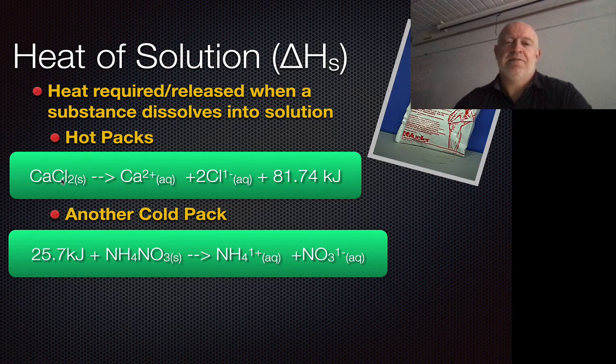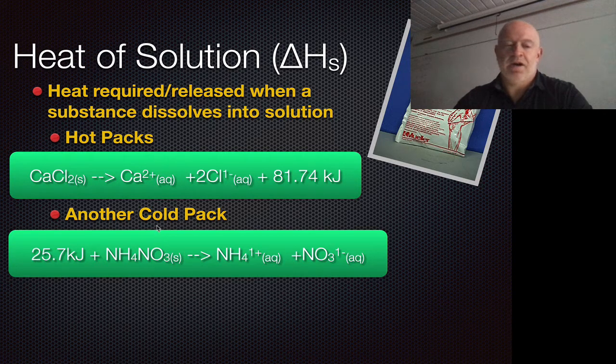When you crack them open and squish them together, that calcium chloride dissolves, and as it dissolves, it produces extra heat energy. The process of breaking this apart absorbs a little bit of energy, but then the dissolving and bringing them into their solution state releases a lot of heat energy. Our net change is 81.74 kilojoules per mole of calcium chloride dissolved. So that is an exothermic process, which we enjoy.